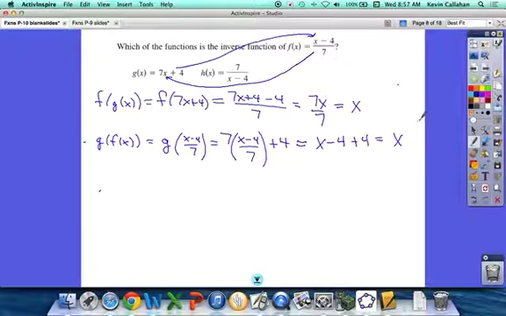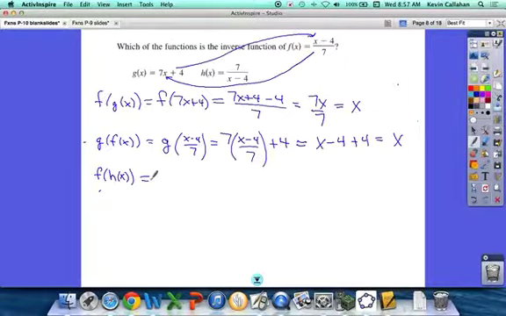Now, you could try the second one, right? I'll set it up, but sometimes these can become very not so easy to prove in the counter example in a way. Like if I try to do, let's say I try f of h of x, right?